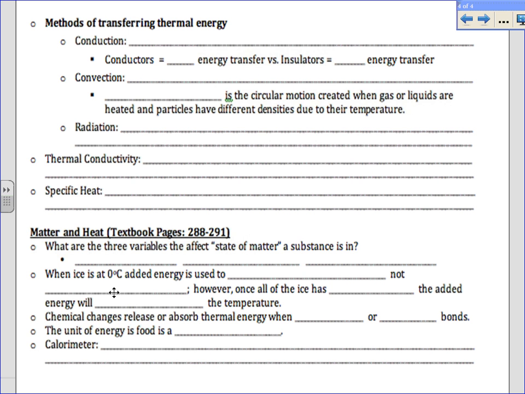All right, so now that we've talked about heat and thermal energy, we're going to talk about methods of transferring thermal energy. Okay? So one method of transferring thermal energy is conduction.